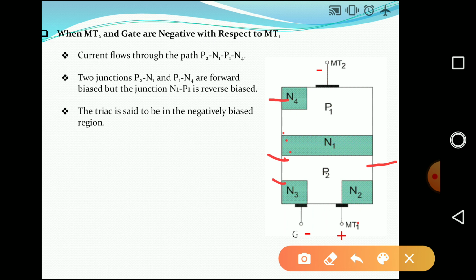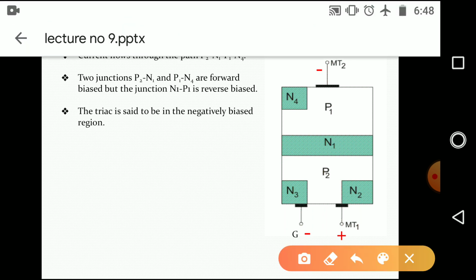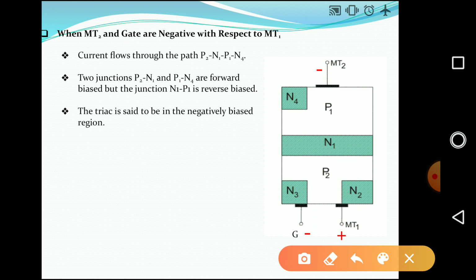So when the middle junctions are forward biased, the TRIAC will start conducting and current starts flowing in the direction of positive to negative. So the positive supply is connected to MT1. So the current starts from MT1 to P2, P2 to N1, N1 to P1, P1 to N4 and N4 to MT2.